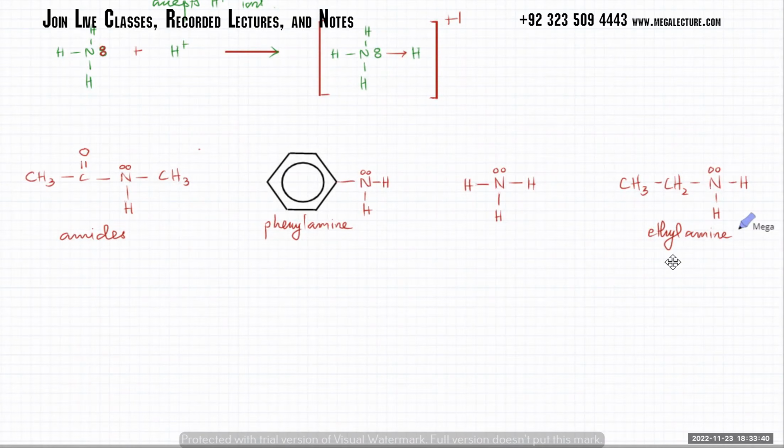Yes, amines will have 3 types, meaning primary, secondary, tertiary amine. It's not in your syllabus, by the way, but it's the same concept. They won't ask you whether it's a primary amine or a secondary amine, but you should have the idea of an amine: it's got a carbon chain attached to it.